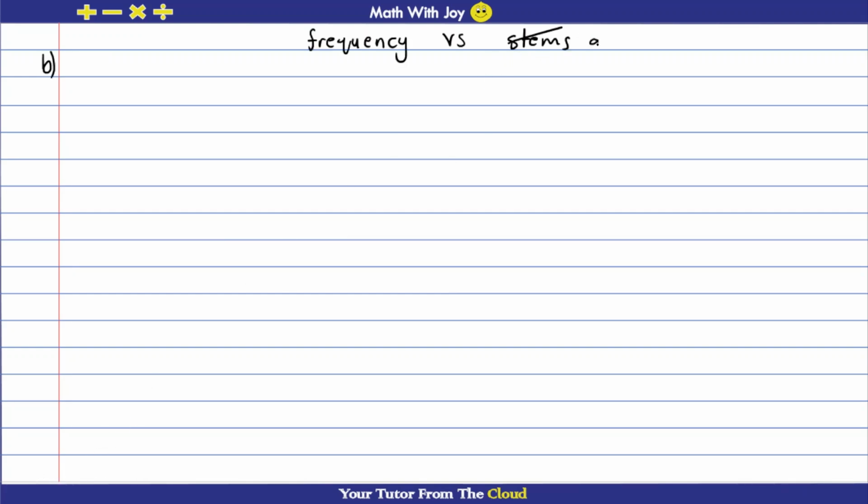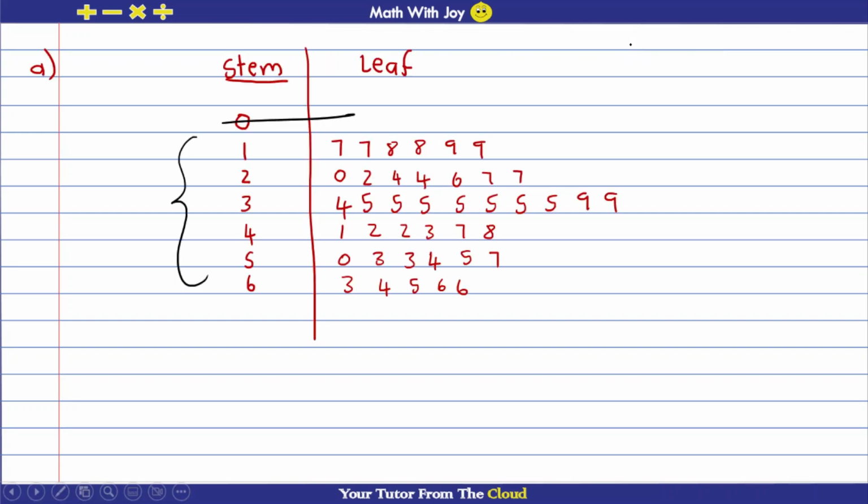So, age groups. Now in this situation, remember what frequency is. Frequency is how many entries you have. So let's write down the frequencies of the first age group, which is 10 to 19. How many entries do we have here? It's 1 2 3 4 5 6, so the frequency is 6.